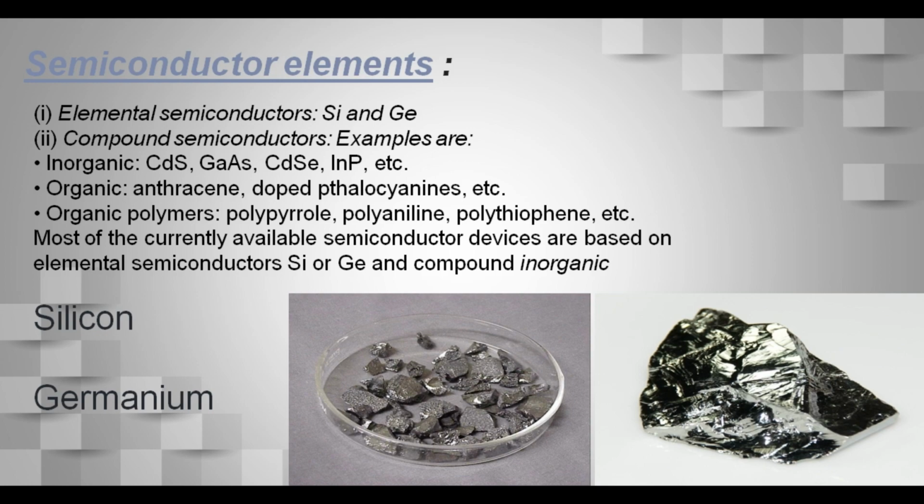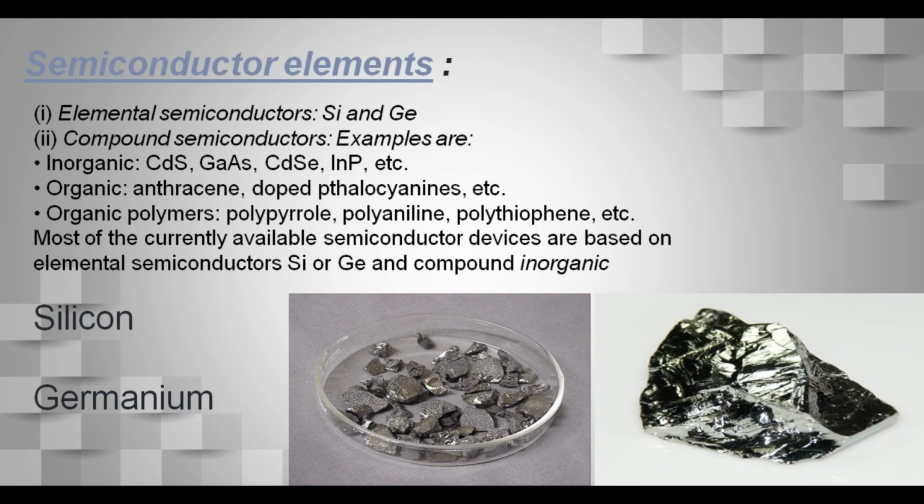The word semi comes from half. So they are half conductors, semiconductors. If they are half conductors, they are half insulators. They are half conductors and half insulators, and this property makes them very important in the study of electronics.